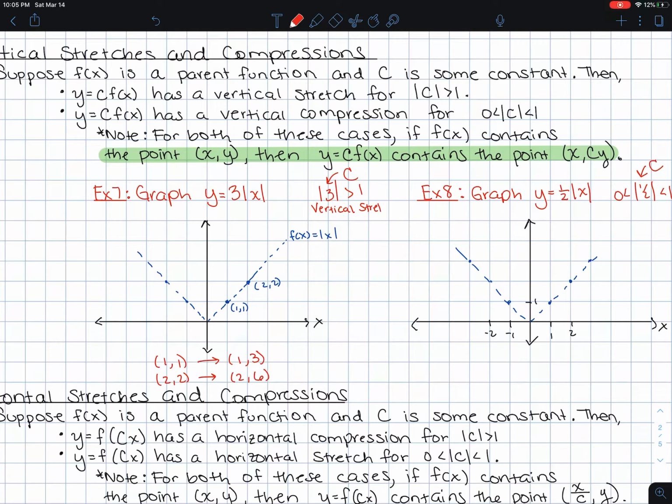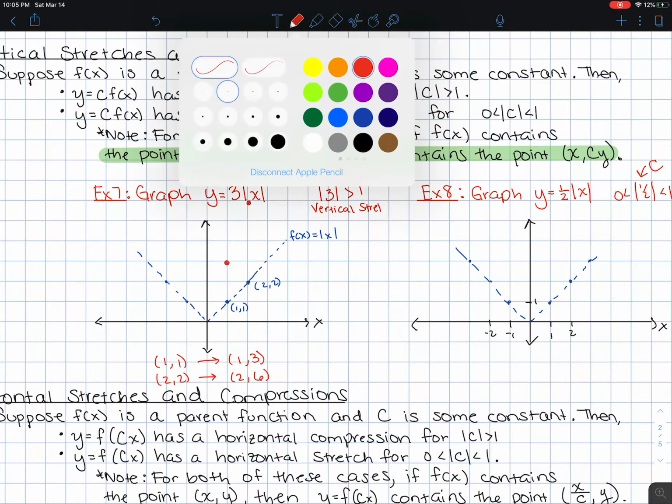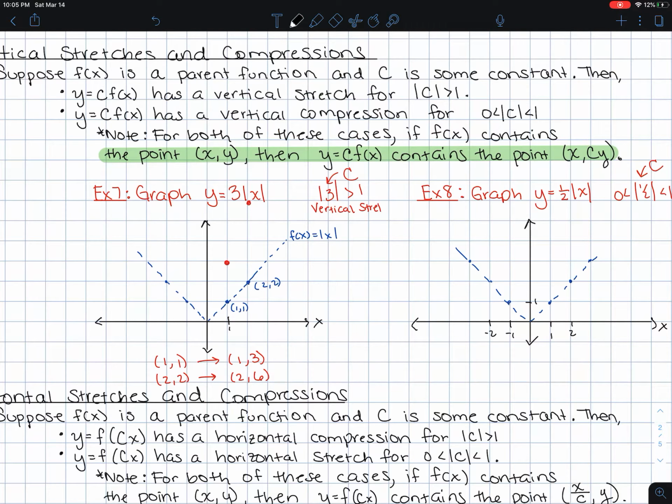Let's go ahead and plot 1, 3 and 2, 6. I didn't label these. I should have, it makes it a little bit easier when I'm graphing and I don't have to count.